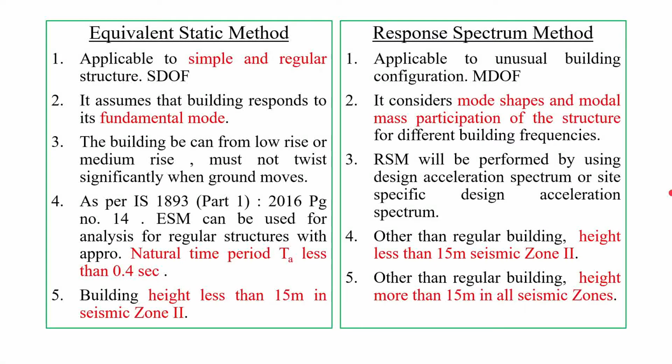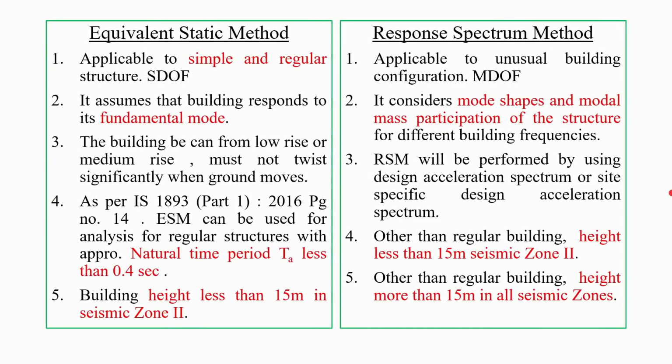For a building with time period more than 0.4 second, you have to consider the response spectrum method. And for a building height less than 15 meters in seismic zone 2, you have to consider the equivalent static method. When these conditions are satisfied, then you can consider the equivalent static method for your analysis.